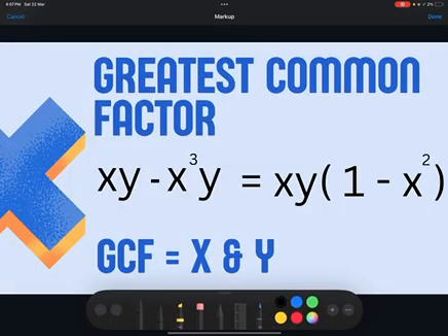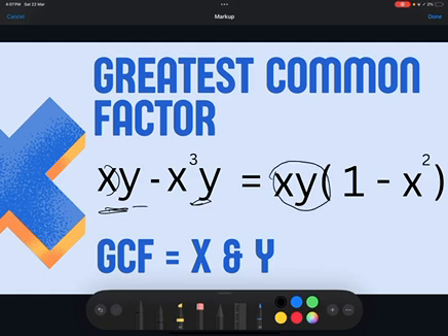Third example is xy minus x to the power of 3y equals xy. First we find the greatest common factor, which is x and y, because both of them have x and both of them have y. We bring the xy outside so we can distribute it.